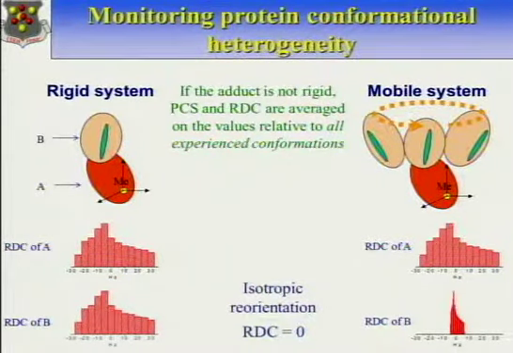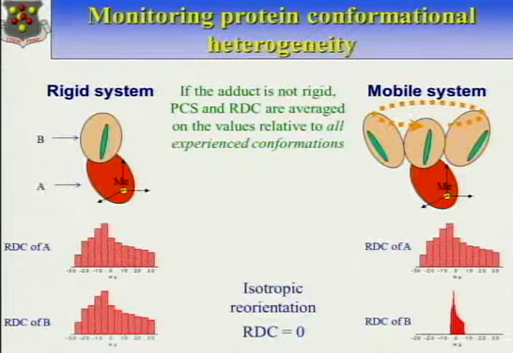You can actually ask the program to randomize these linkers, and so you get a mapping of all the possible relative configurations of the two domains with respect to one another, given the number of amino acids or dummy residues, as Al was calling them yesterday, that connect the two. So if you generate several thousands of these different poses, you can map the configurational space of one domain with respect to the other.